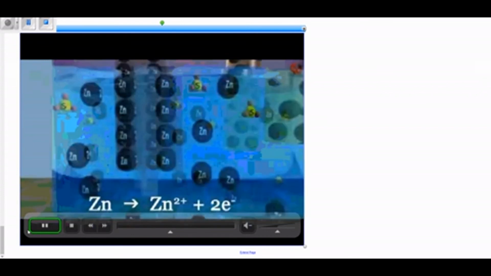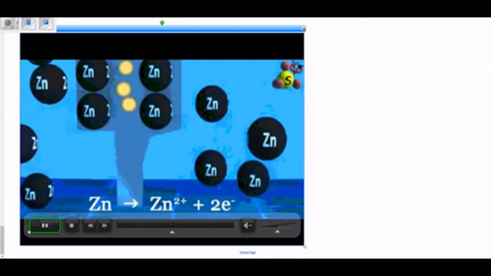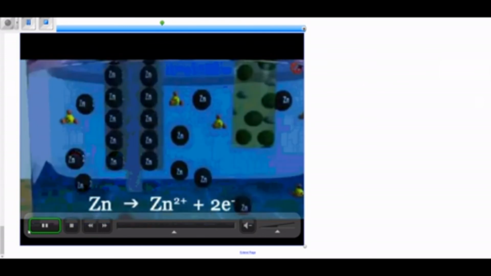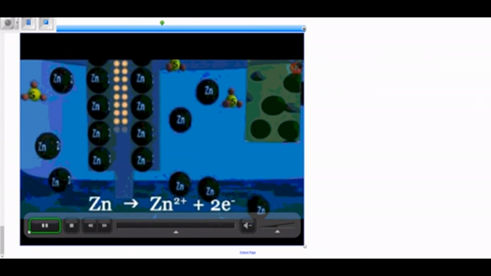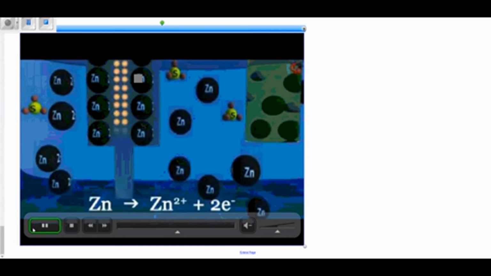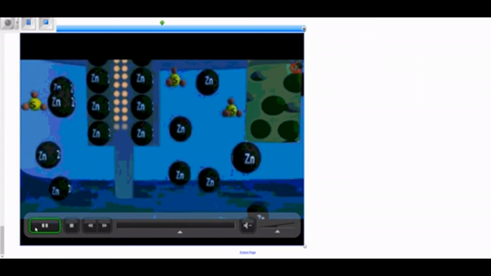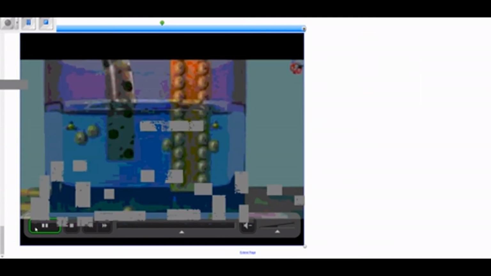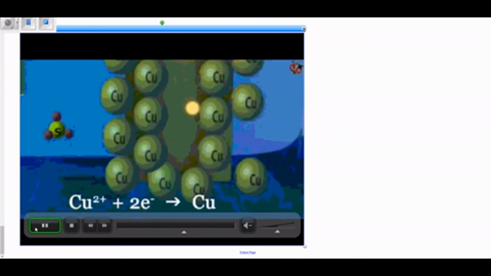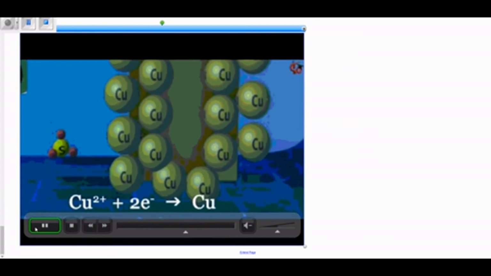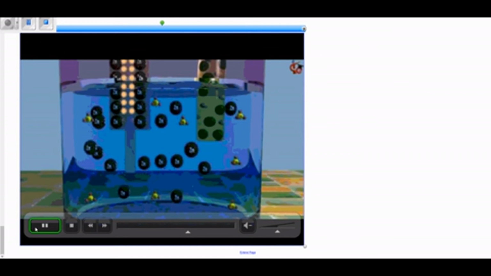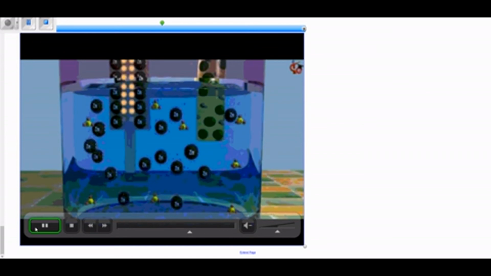And on the zinc, you have zinc 2 plus. Every time zinc, do you see the decrease in mass? Because it has been oxidized from zinc to zinc 2 plus. So the mass of this electrode actually decreases. While on the other hand, these electrons help copper 2 plus to be reduced.